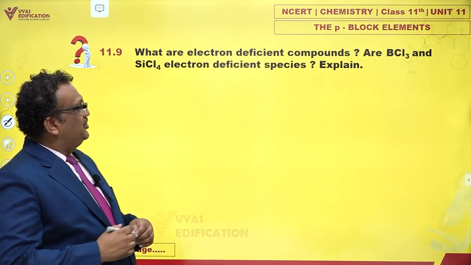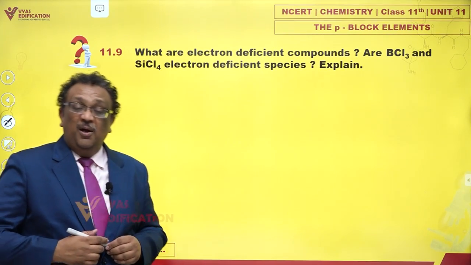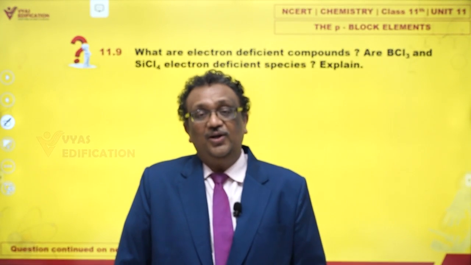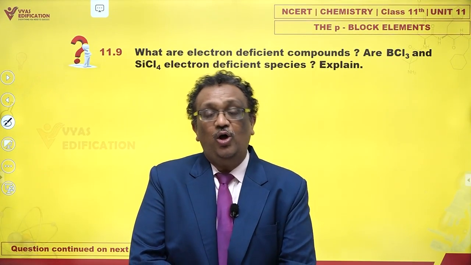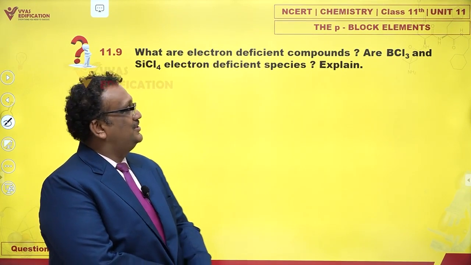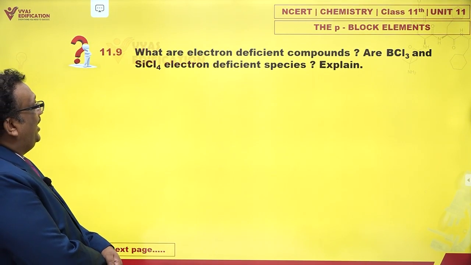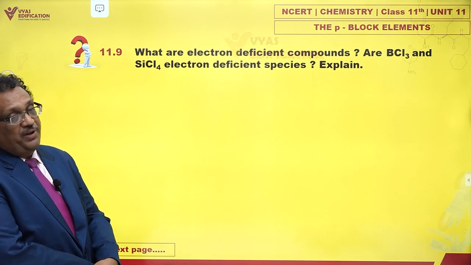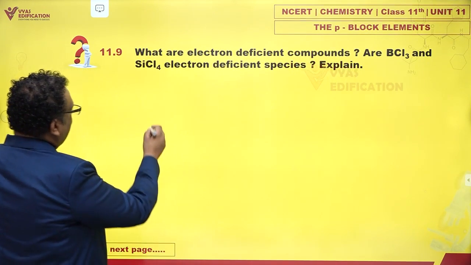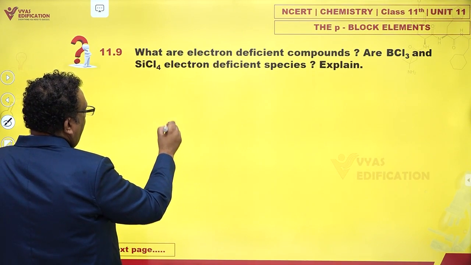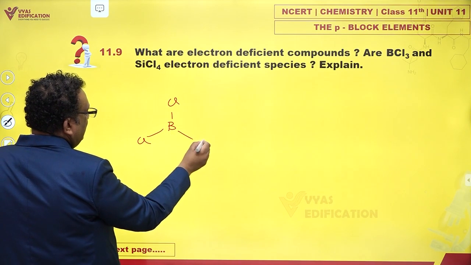What are electron deficient compounds? Compounds which do not have a complete octet of electrons in their outermost orbit are said to be electron deficient compounds. Are BCl3 and SiCl4 electron deficient species? Explain. So just take a look at BCl3. If you draw the structure of BCl3, that would be B, Cl, Cl, Cl.